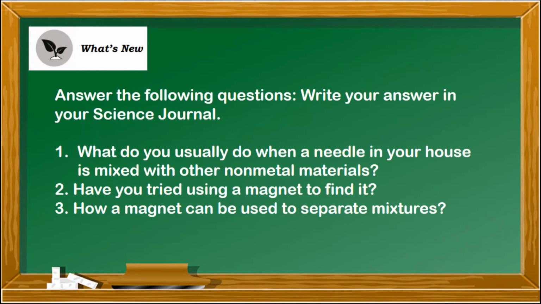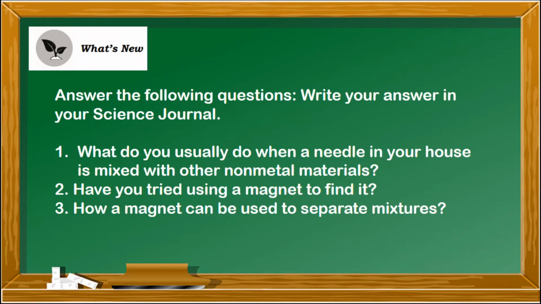You use a magnet. Number 2, have you tried using a magnet to find it? Okay, yes, of course. Use a magnet so you can find it and it will attract the magnetic materials.